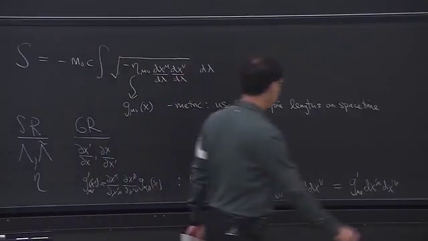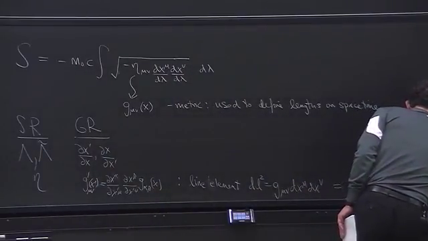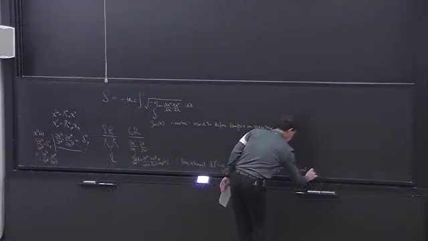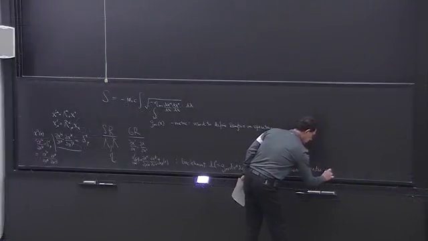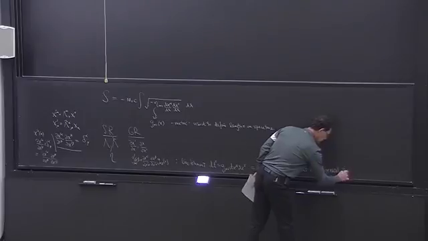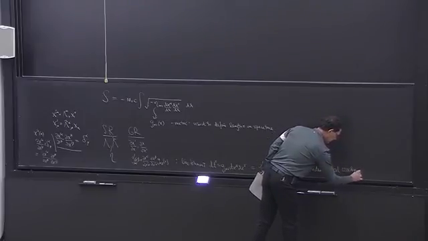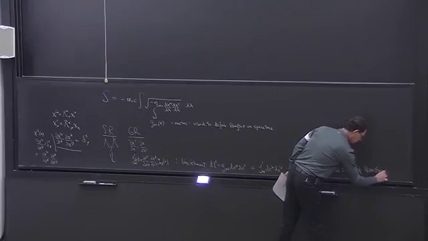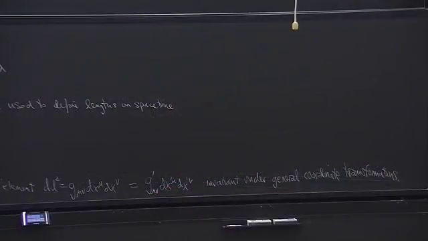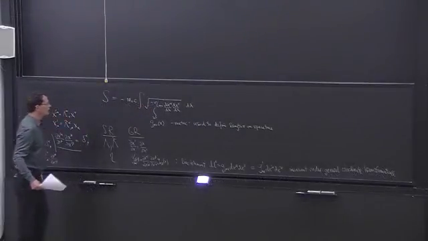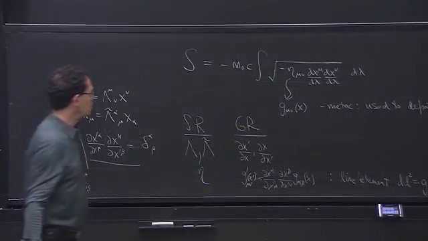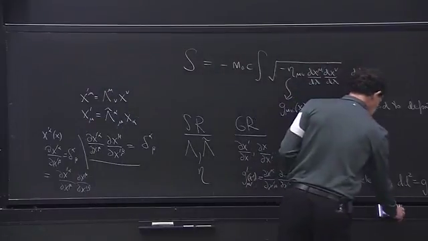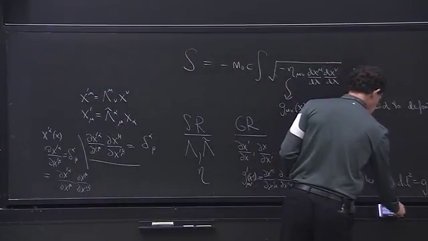So the line element is invariant under general coordinate transformations. And again, when I replace eta with g, the action for a point particle is just the length of the world line as measured with the metric g.